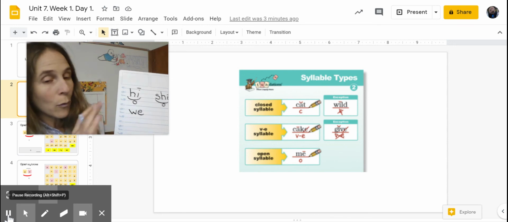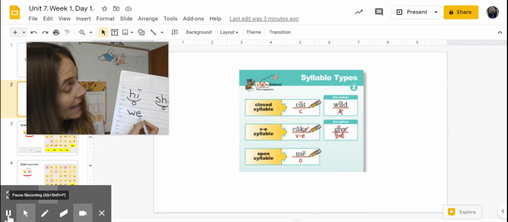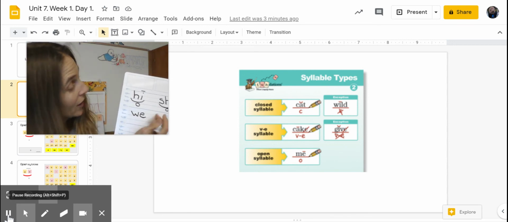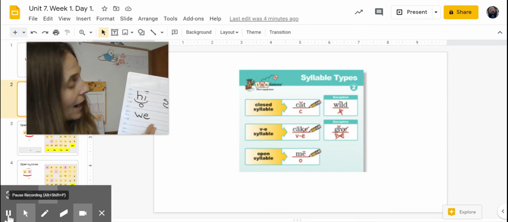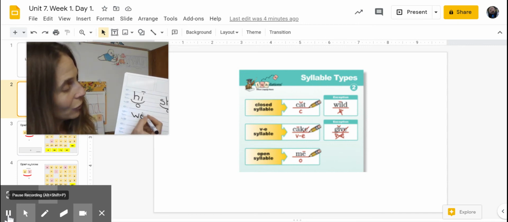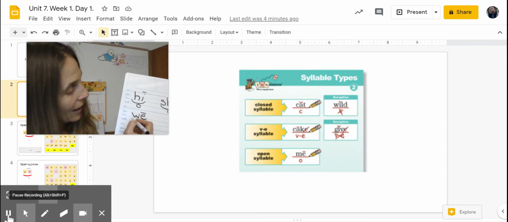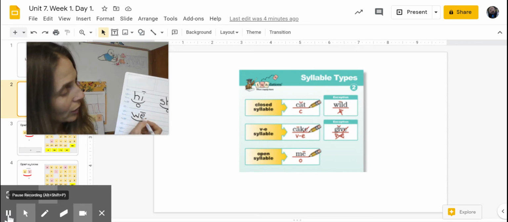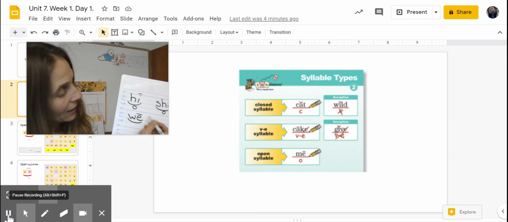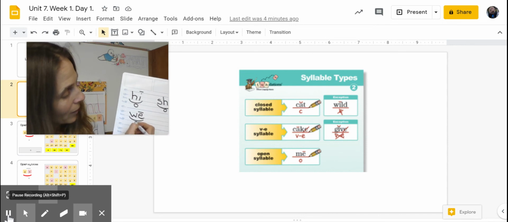So I've got my W and E. Again, there's nothing closing in my vowel, so my vowel sound is going to be long. It's one syllable because there's only one vowel sound, and nothing's closing it in, so my syllable is open.